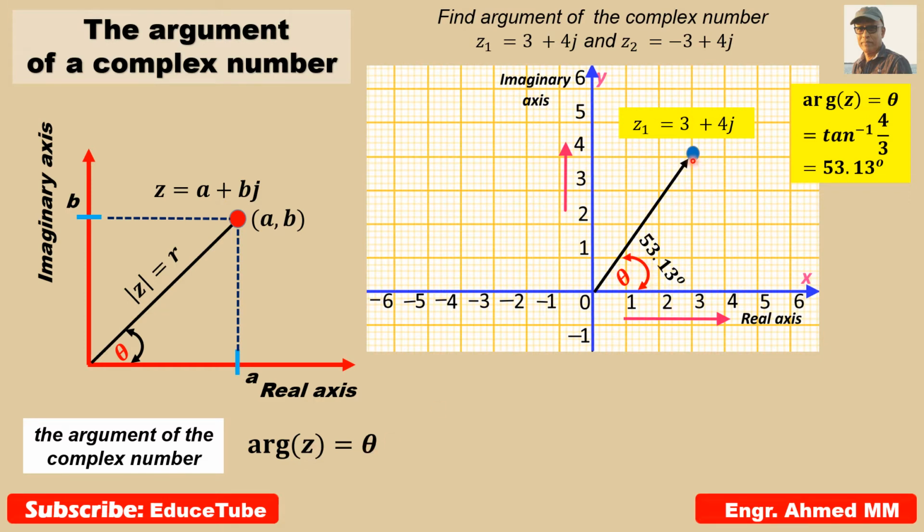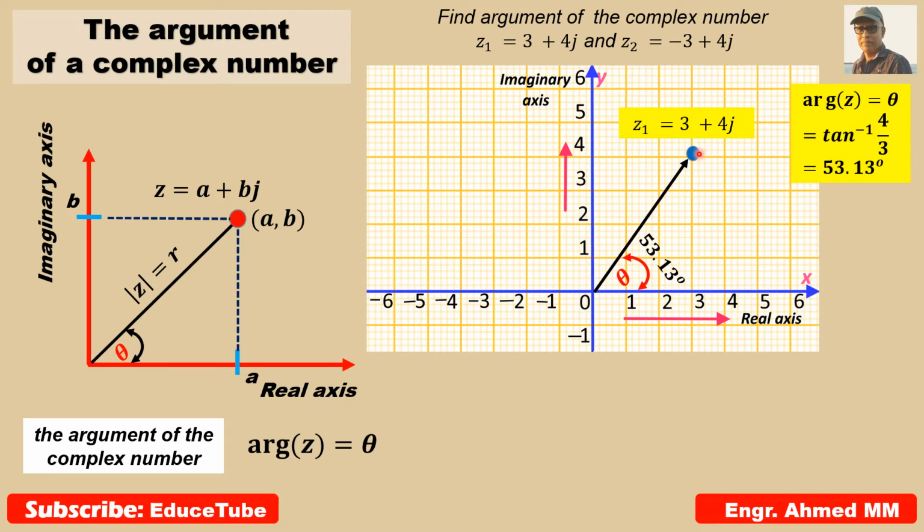Tan theta will be this b divided by a. Because this is 4, vertically, and 3 is horizontal, this 3. So tan theta equal to 4 by 3. So theta will be tan inverse 4 by 3. Using a calculator, we got 53.13 degrees. So this is the value for the argument of this complex number.